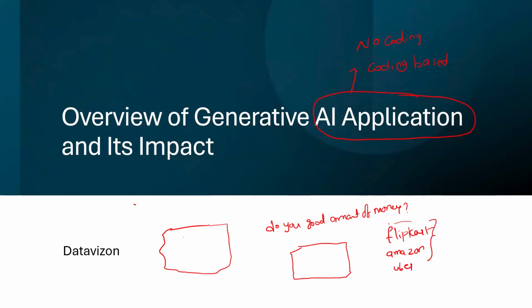Are they built on day one? Definitely not. Someone has invested the money, and because of that, they have grown. Am I right? Now the question is, how do you build the application?